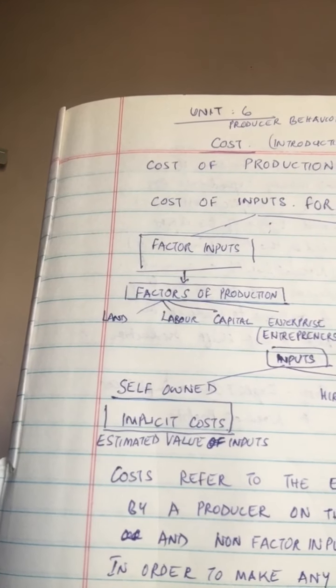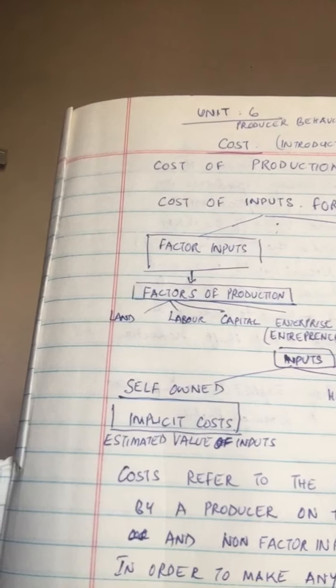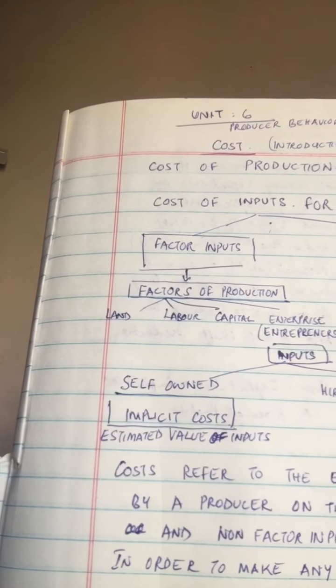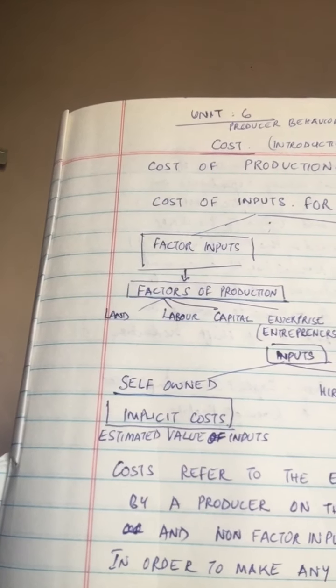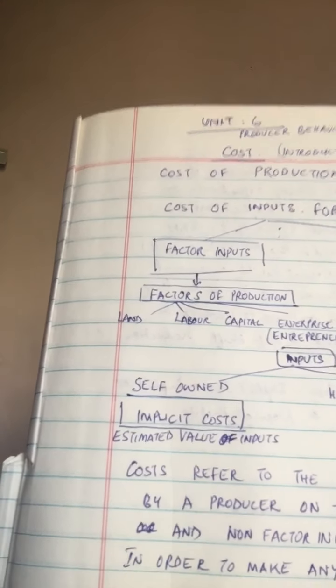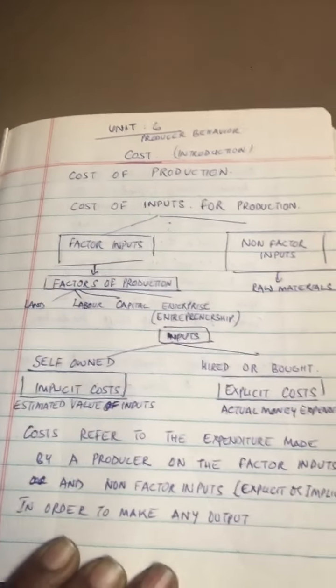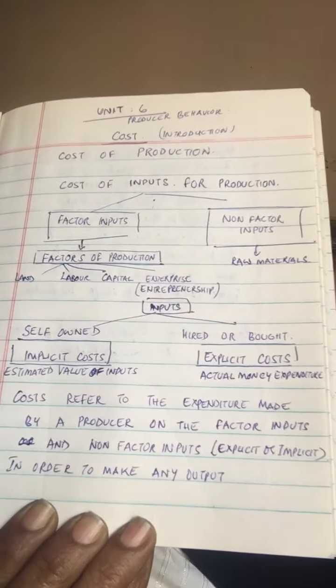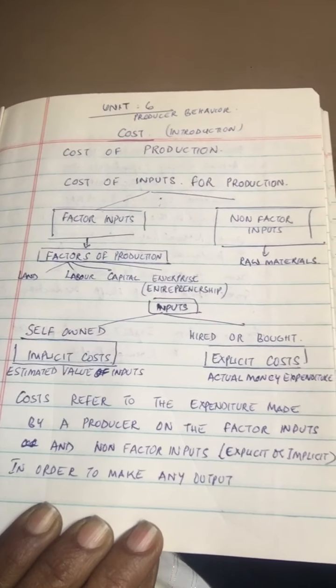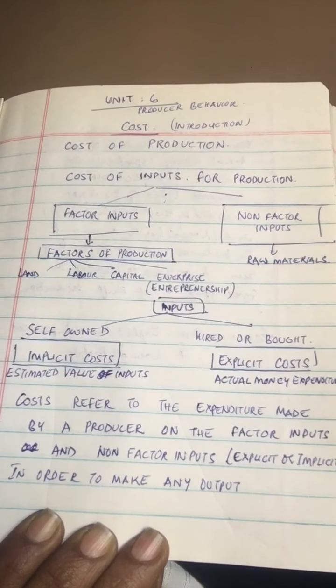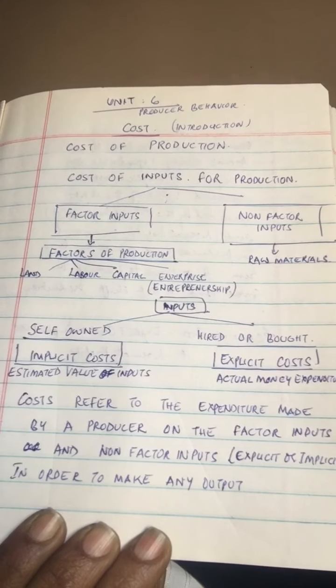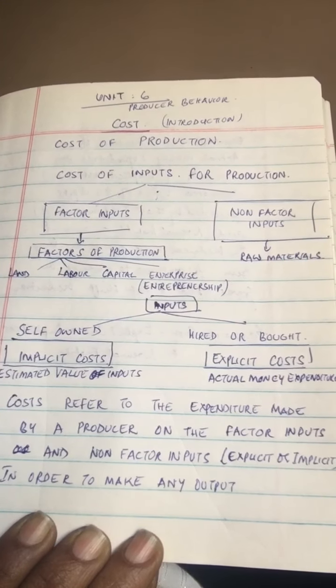You're right, that's implicit cost. And if I say salaries of employees, or expenditure on raw material, or rent paid, all of this will come in explicit cost. So implicit cost is the cost that you estimate on self-owned factors of production.